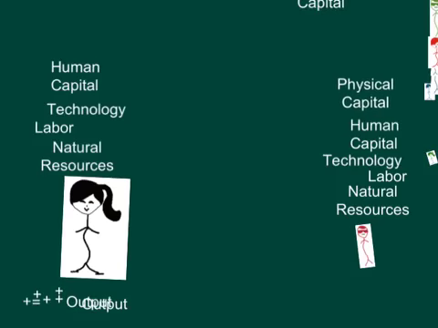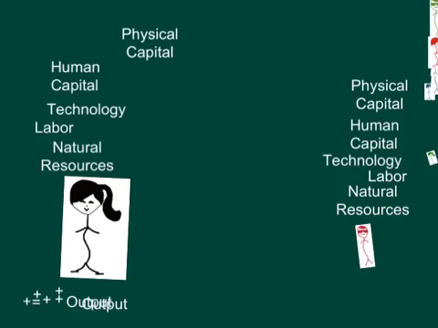And then physical capital, maybe Joe's building that he uses is a little bit too small. It's not necessarily well suited, whereas Jane has a really nice plant. So this is a little example here of the production function.